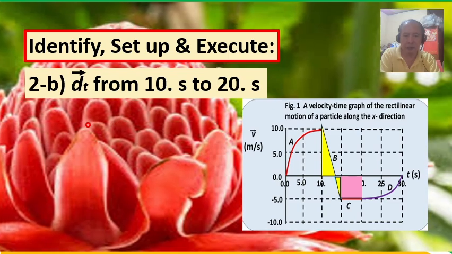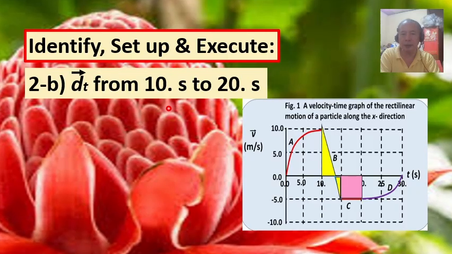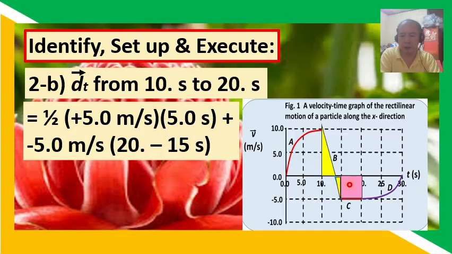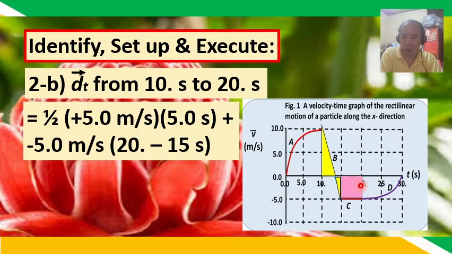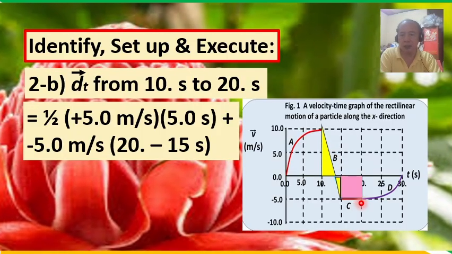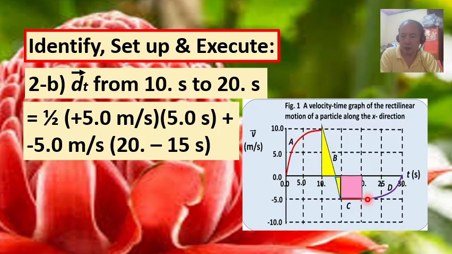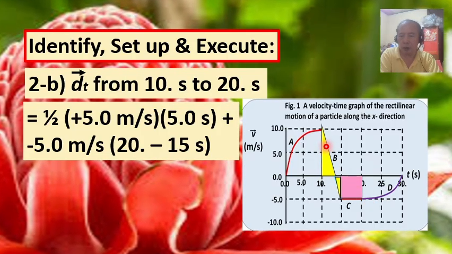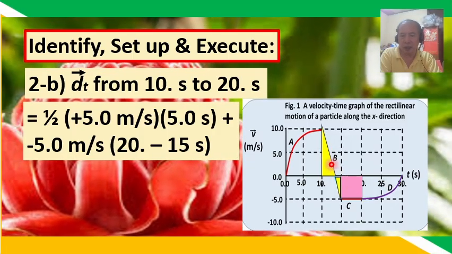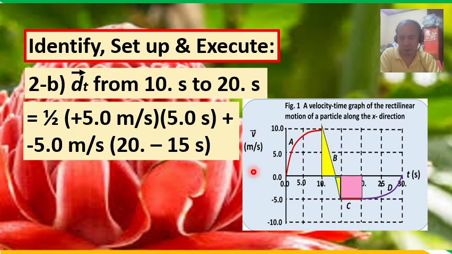Last but not the least, we determine the net displacement of the particle for the same time interval, 10.0 seconds to 20.0 seconds. And we will still be referring to the velocity-time graph, particularly graph line B and graph line C. So we already said that the area bounded by the two graph lines with the time axis will represent our required net displacement.